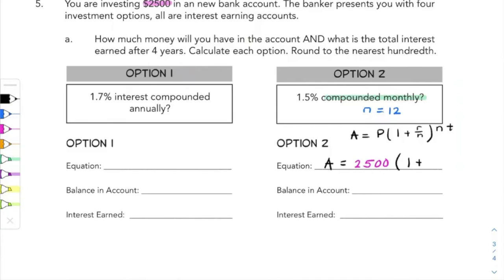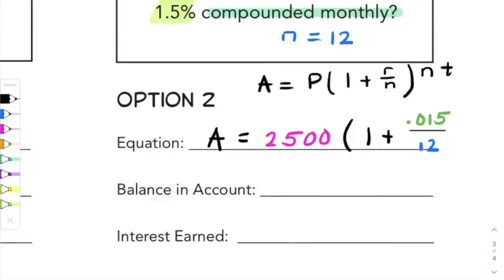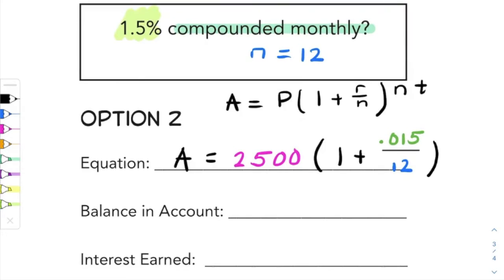I have 1 plus. I know that the rate is given to me as 1.5%, which converted to a decimal would be 0.015. I know the number of times this is compounded is 12 because it's compounded monthly. Same thing for the exponent value of n.